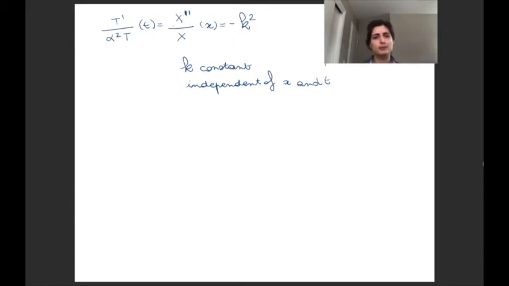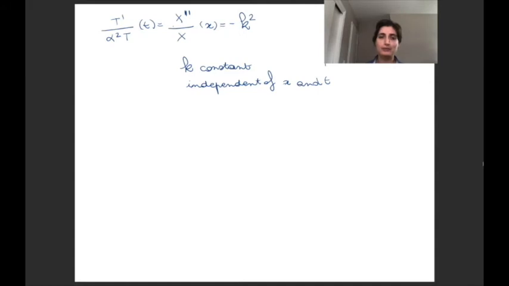Now it might seem a bit odd that I'm choosing this way of saying that it's a constant. It will become clear how we are expecting k to be a real value, but in general, any number can be written as minus k squared if you allow k to be complex.